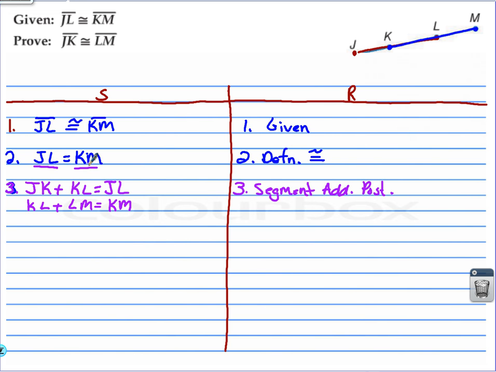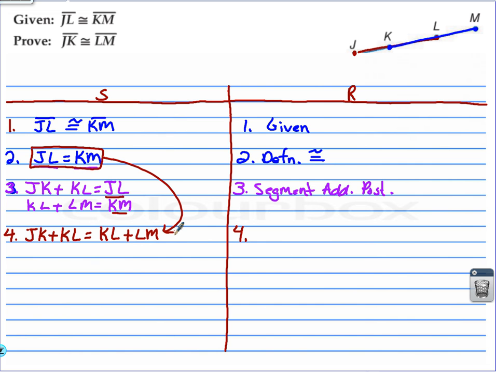And we're going to rewrite them in step 4. Instead of JL equals KM, we're going to write it as JK plus KL is equal to KM, which is KL plus LM. Why can I do that? I took this statement and I rewrote it as that statement by using statement 3.